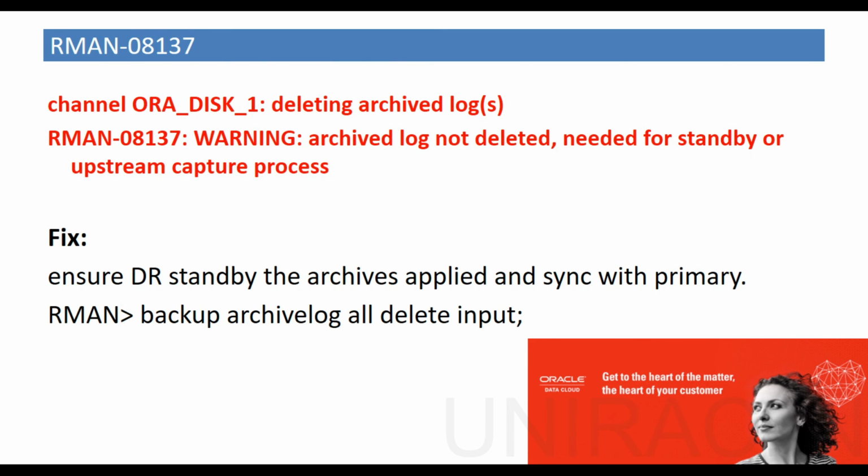Okay, so if it is still repeating, find out where the problem is. You can't ignore it. It will have a great impact on your standby as well. If you find 1,000 archives which are not shipped and those 1,000 archives are still lying on the primary file system, what happens?